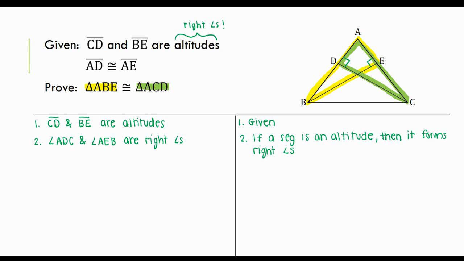Now if we're given an altitude, it forms right angles. Because I have two right angles, we can keep expanding on this. My third step is that angle ADC is congruent to angle AEB, because if two angles are right angles, then they are congruent.